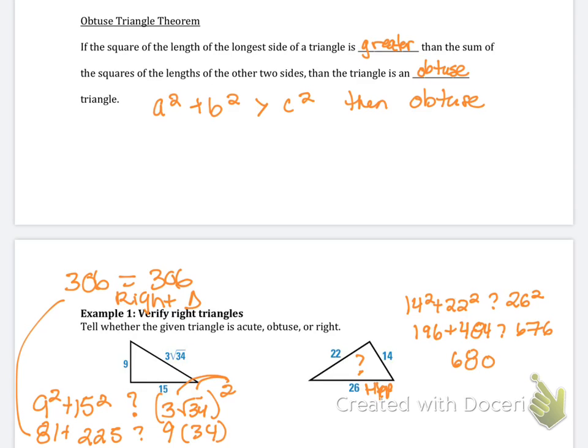So when I add these two together, that's 680, which is greater than the third side, which is a little bit confusing because it's a greater than sign. But since this side is actually less than the sum of the other two, that means it's an acute triangle.